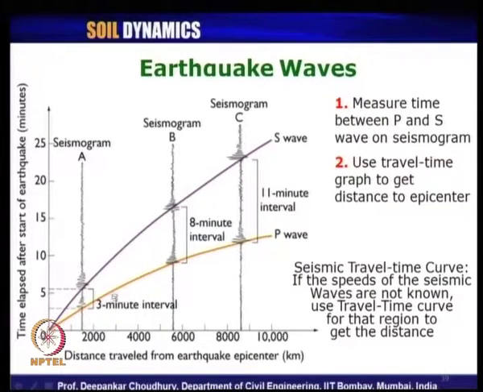Now, knowing these 3 time differences at 3 locations, the distance from seismogram location A to B, B to C is known. The recording station distance obviously is known to us.